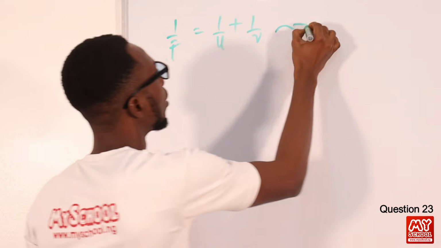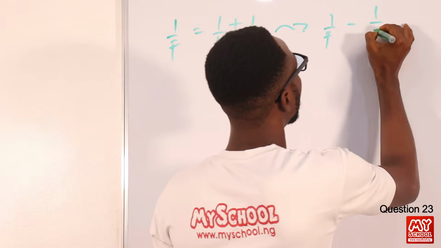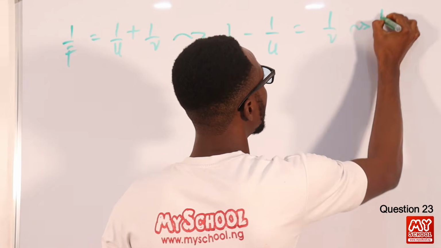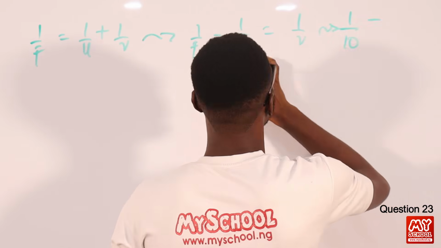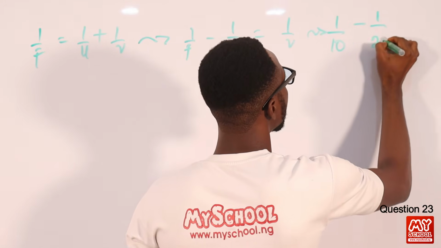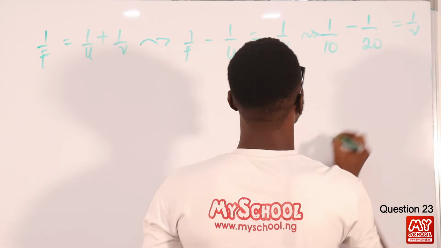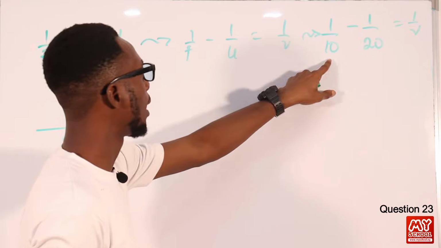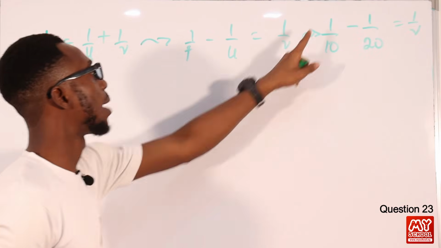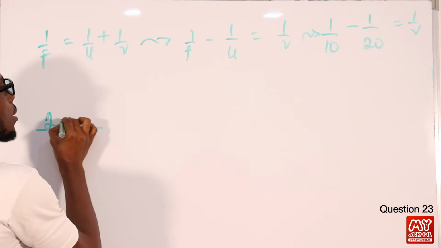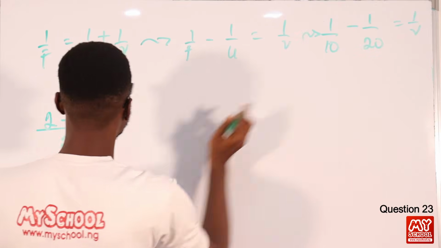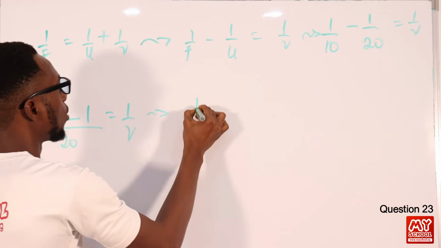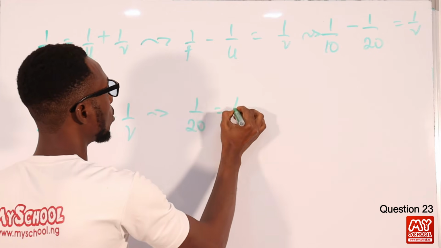So that should be 1 over F minus 1 over U equals 1 over V. So 1 over F, that's actually 1 over 10, minus object distance, that is 1 over 20, equals 1 over V. Their LCM is actually 20. 10 in 20 is 2, 2 times 1 is 2, minus 20 in 20 is 1, times 1 is 1, equals 1 over V. And that is 2 minus 1, that is 1 over 20, equals 1 over V.